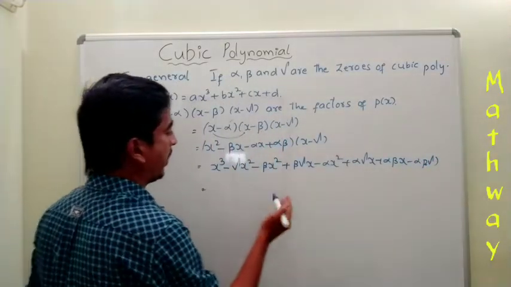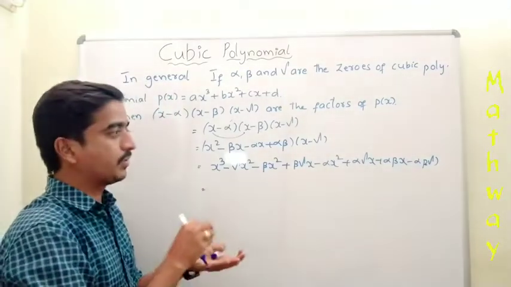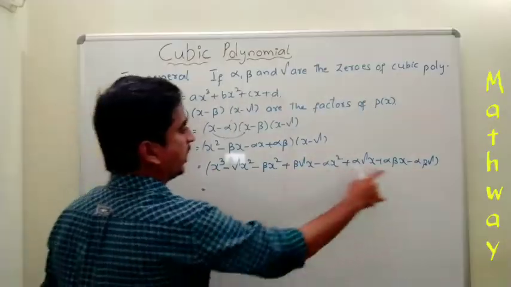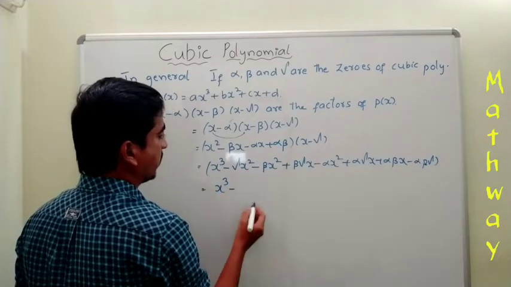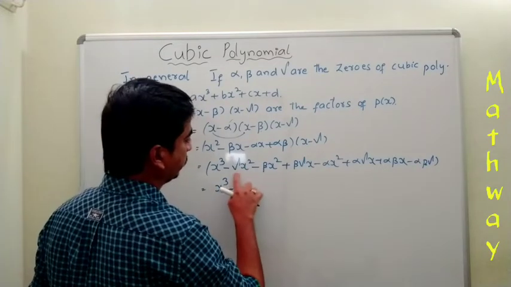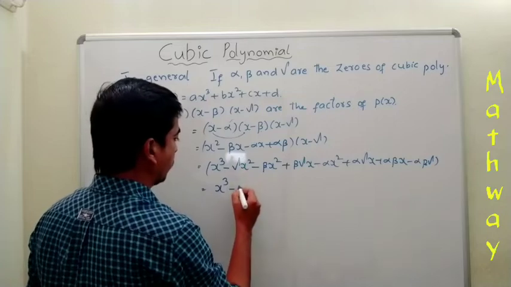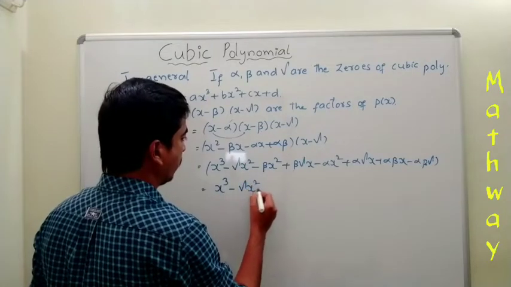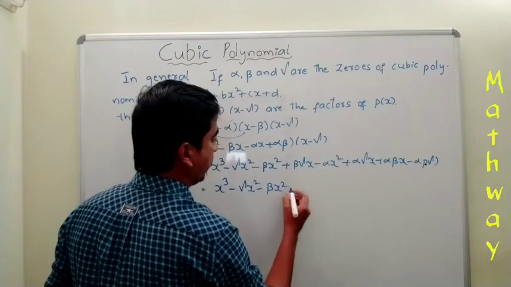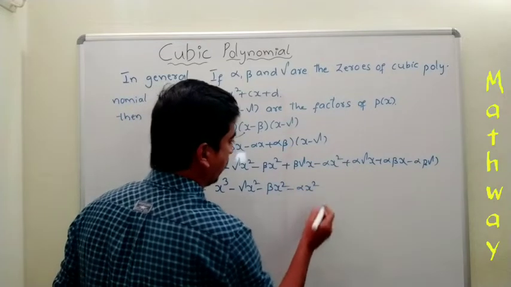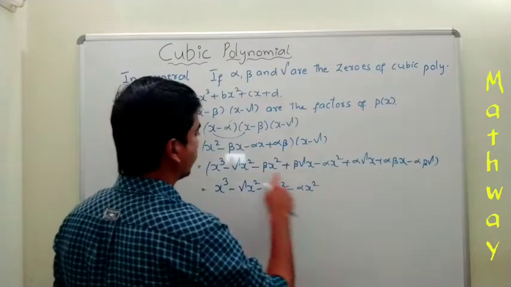So from here write the x cube terms, x square terms, x terms aside. Here it has only one x cube term, so x cube. Then write the x square terms here, minus gamma x square, minus beta x square, and here minus alpha x square. Then next write x terms.